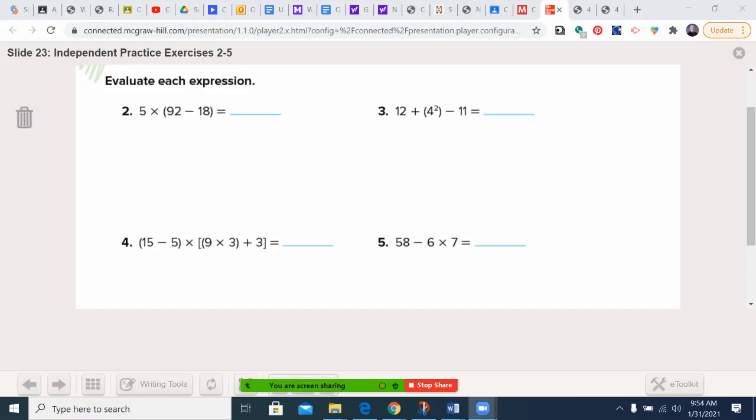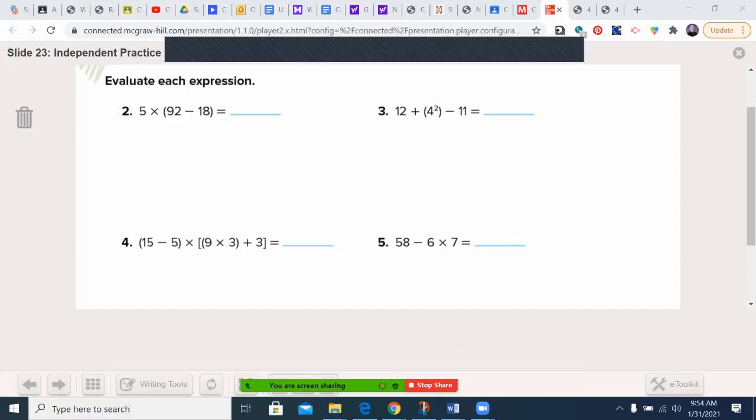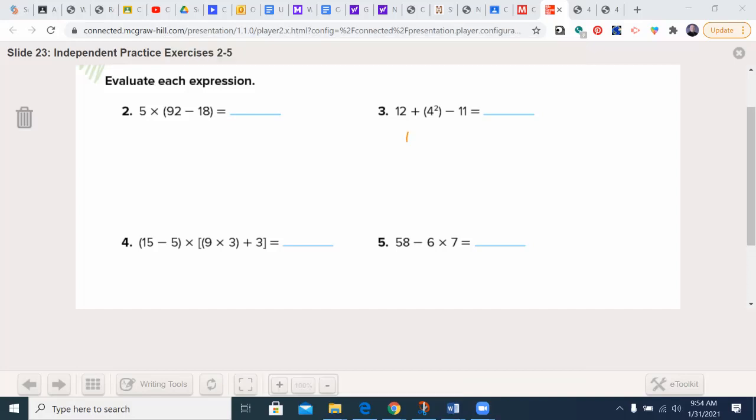All right, let's look at it. Grab the annotation tool. We start here in the parentheses. So I'm just going to write my 12 plus 4 squared, which is 4 times 4, so 16, minus 11. Now I can just go left to right because it's adding and subtracting. 12 and 16 is 28. Minus 11 is 17.